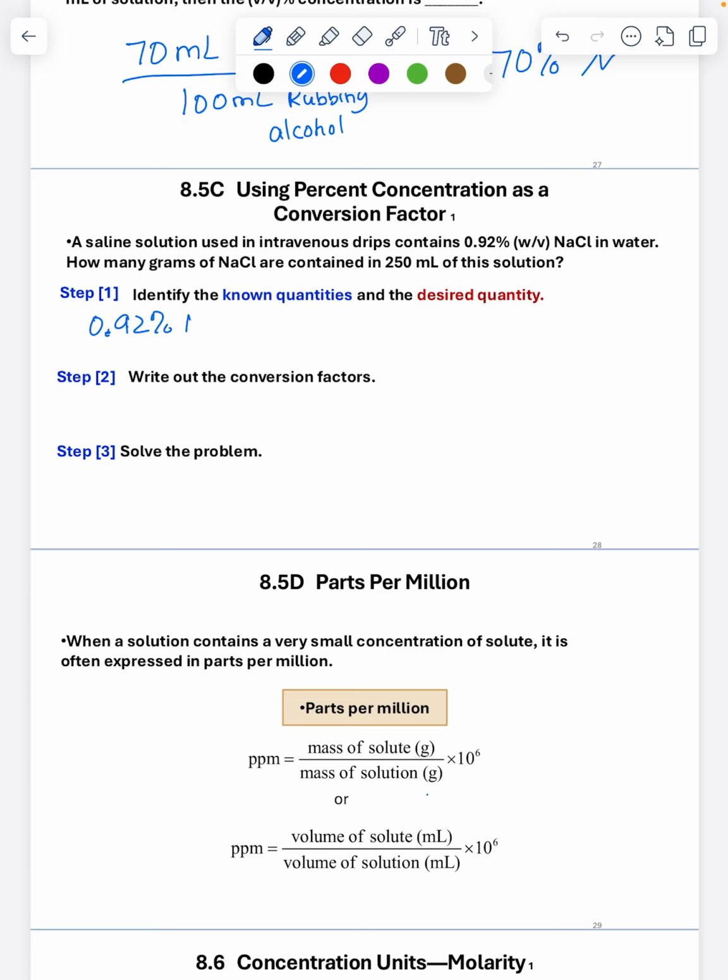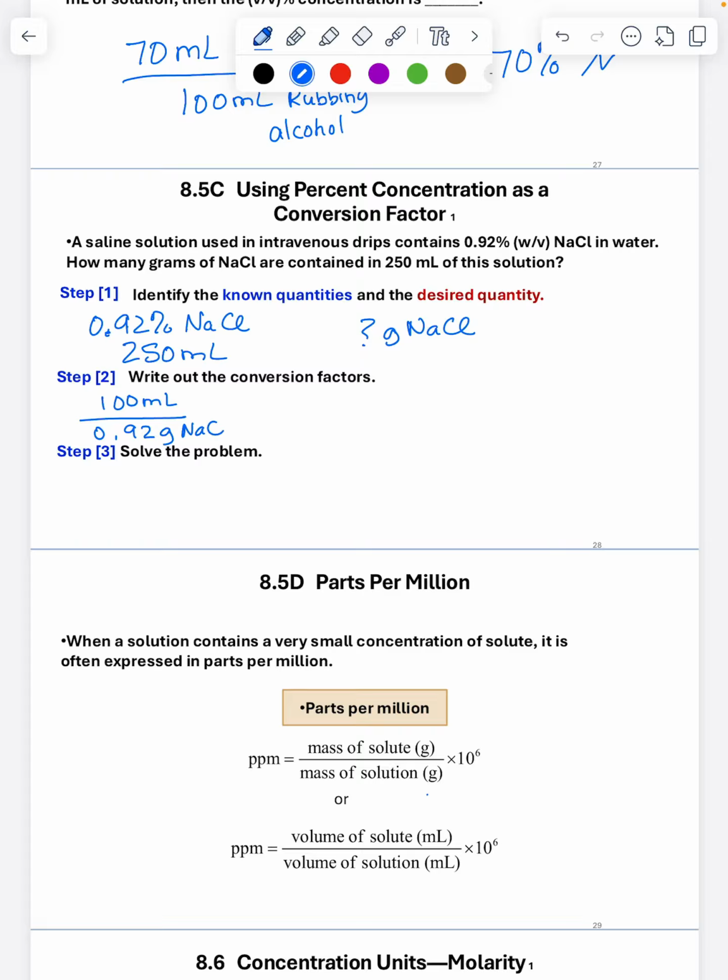And so we want to think about what do we know, what kind of conversion factors would we have. So we have 100 milliliters of our solution over 0.92 grams sodium chloride, or we could go the other direction, 0.92 grams of sodium chloride over 100 ml solution.